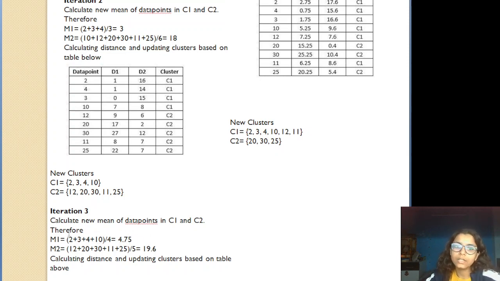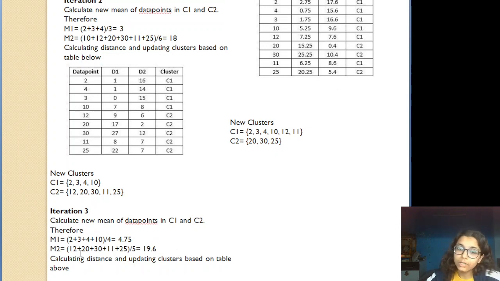This is our new M1; the last M1 was 3. Again we take the mean of C2 and get the value 19.6. So 19.6 is the new M2; before it was 18.